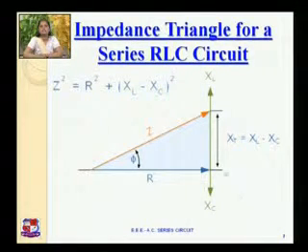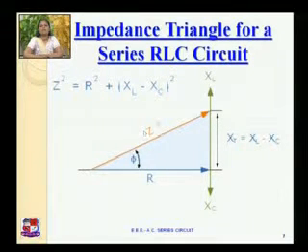So this X will be represented here on the vertical axis, and the net X or total X is equal to XL minus XC. So this vector indicates total X, which is equal to XL minus XC, and the vector sum of these two, R plus JX, will give you the value of Z. So this red vector indicates the value of Z, and this phi indicates the phase angle of the impedance.